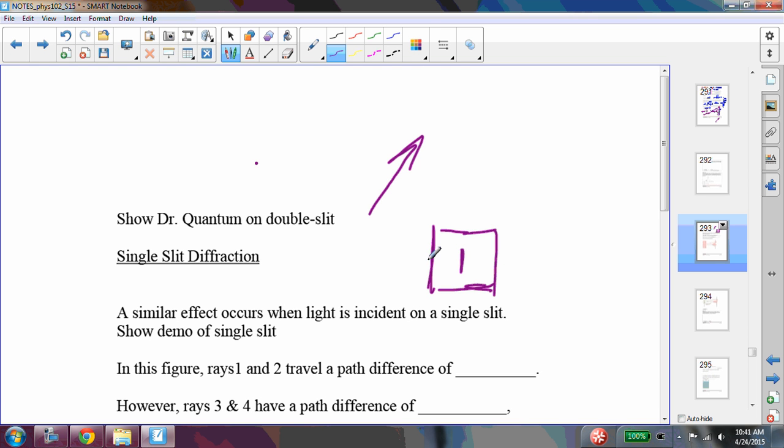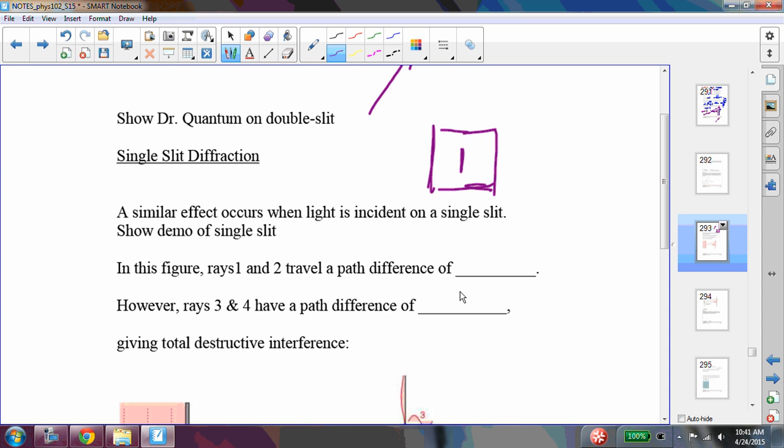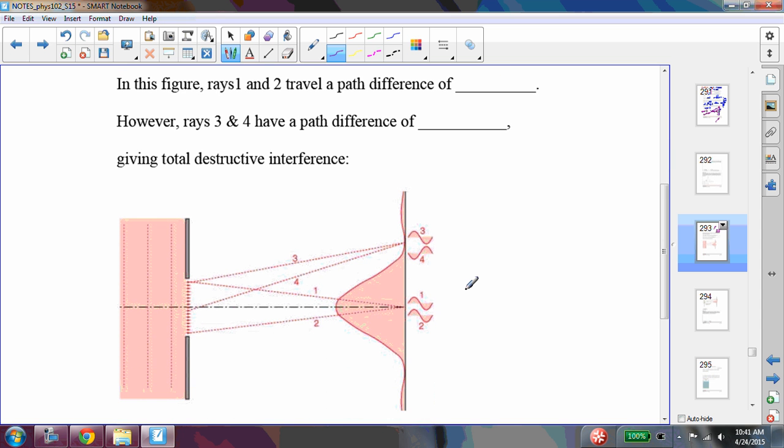Now, in this figure, rays 1 and 2 travel a path difference of 0. We saw this with the double slit. So I'm looking at this ray right here and this ray right here.